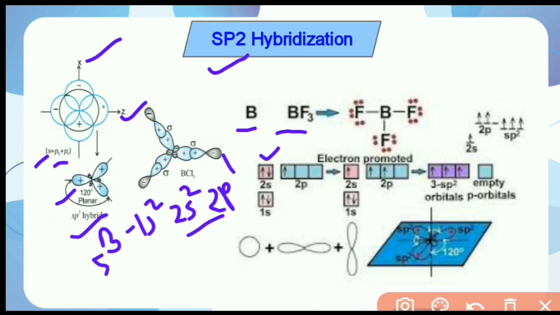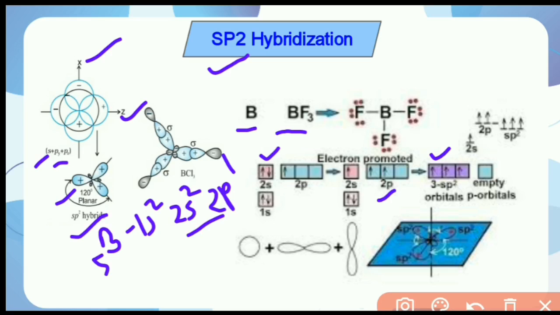So in the excited state an electron jumps to a p orbital, and half filled electrons are present in the s and two p orbitals. These orbitals intermix and form 3 new sp2 hybrid orbitals, and in this condition boron is able to form 3 bonds with fluorine and make the molecule BF3.